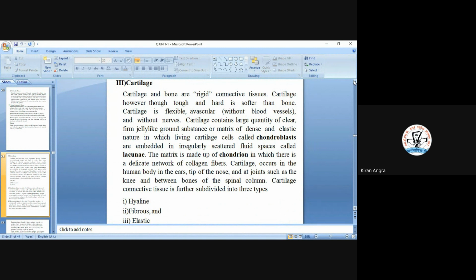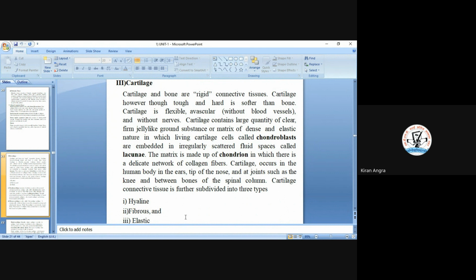Cartilage contains a large quantity of clear, firm, jelly-like ground fluid matrix, of dense and elastic nature, in which the cartilage cells are embedded, and these cartilage cells are called chondroblasts. The cartilage connective tissue is further divided into three types: hyaline, fibrous, and elastic.